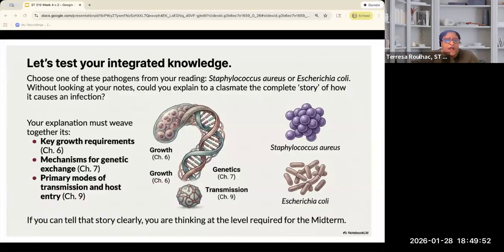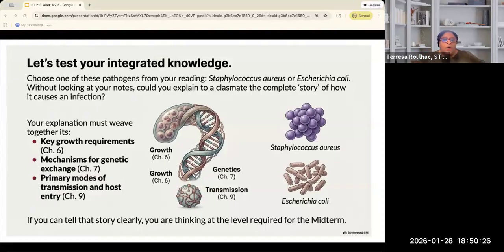If you got stuck in one part of the story, that's okay. That's a signal to hone in a little more on that part. The midterm is asking, can you explain this relationship, not just list the facts? Believe it or not, that is what you just practiced, even with that small, quick scenario.